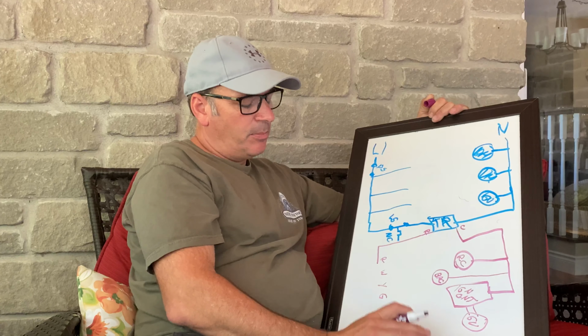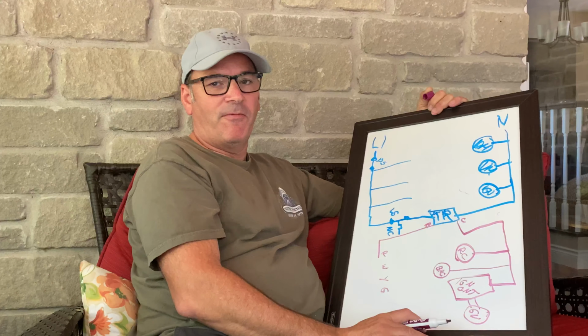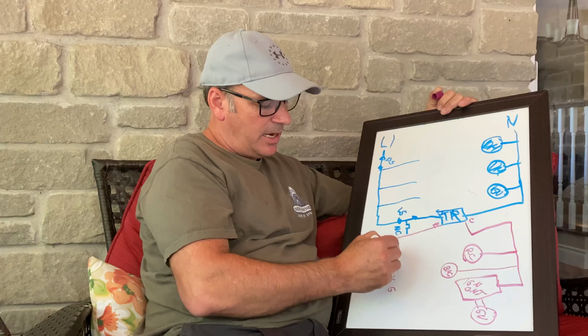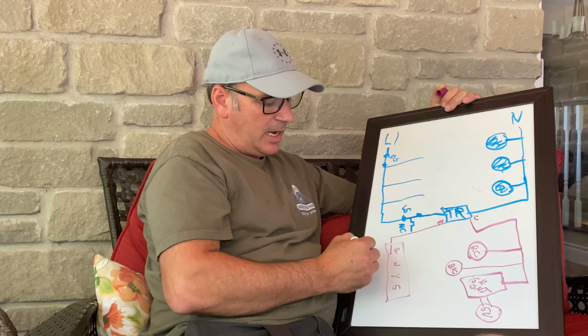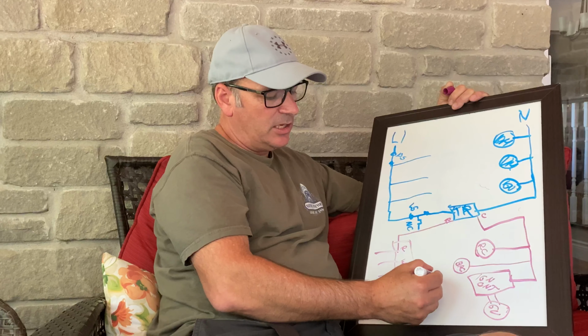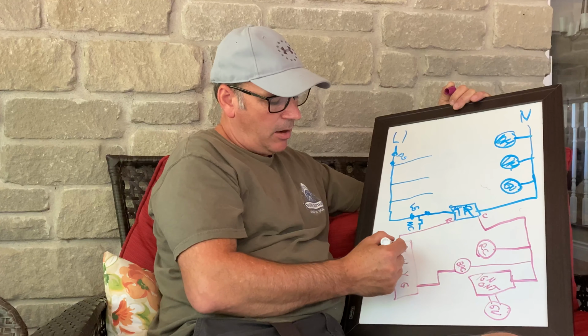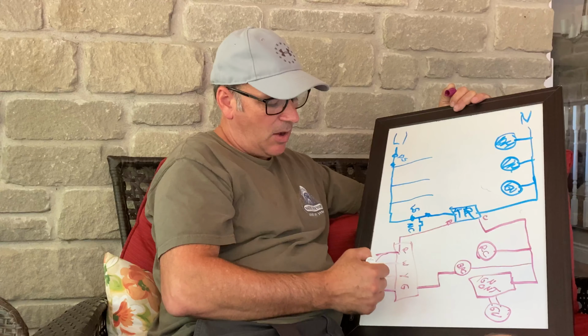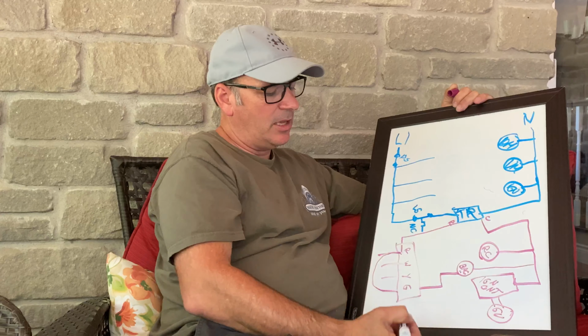The blower relay coil is part of the fan center. This fan center is right here. It's where you connect all your thermostats to, your thermostat wiring. That blower relay coil comes from G. When R and G is powered, it sends power to G and powers that relay coil.